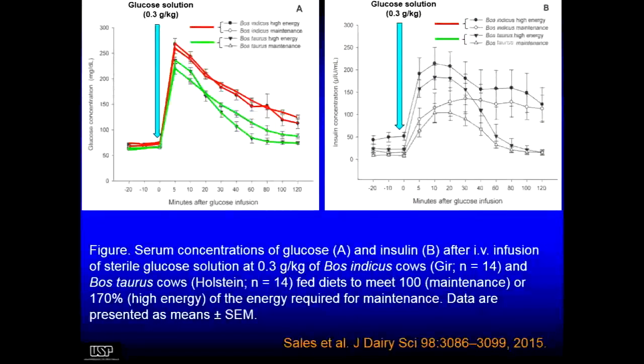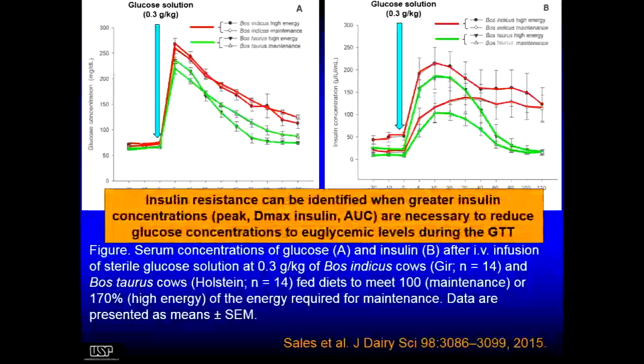To control the glucose, look here, this is the Indicus. With the high energy, you need a large increase in insulin release to control the glucose, and in Taurus it is the same, a large increase in insulin to control the glucose. Again, probably they are in insulin resistance. We developed the insulin resistance in this animal, okay?